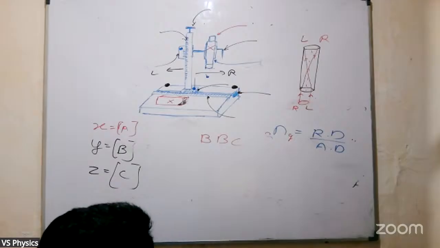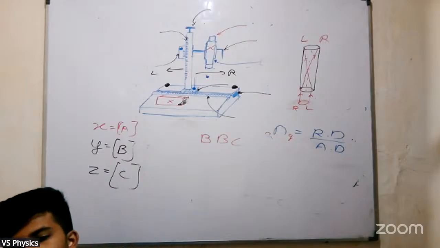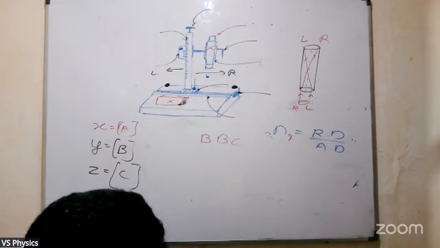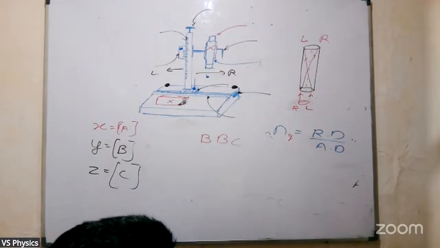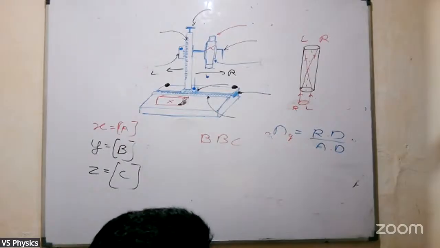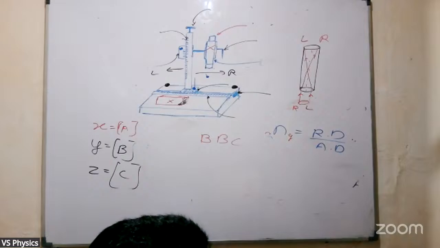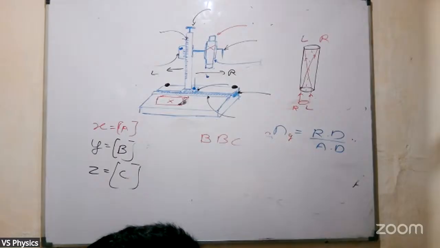Next one. What is the reading? Let's see and tell. What is the reading? 4, 4, 1, 4, 2, 4, 3. 4, 3 to 4, 2.